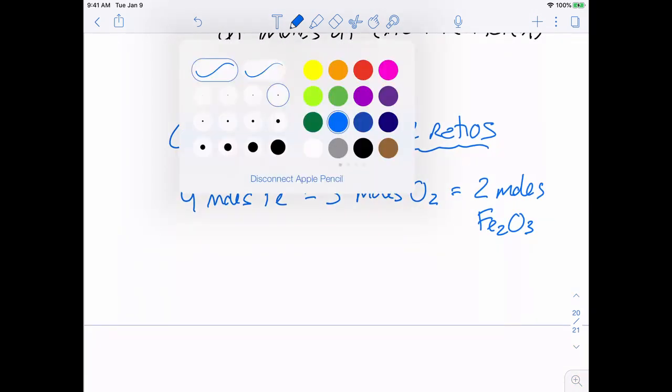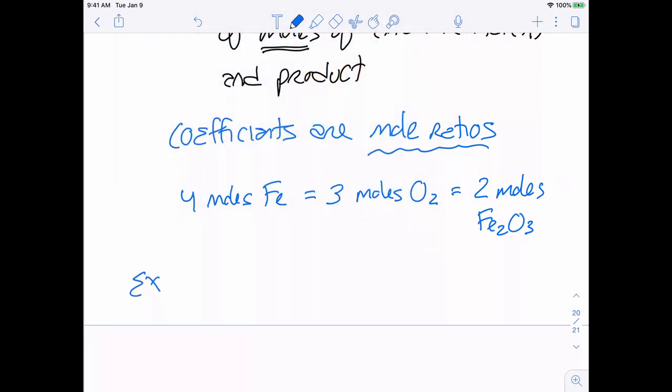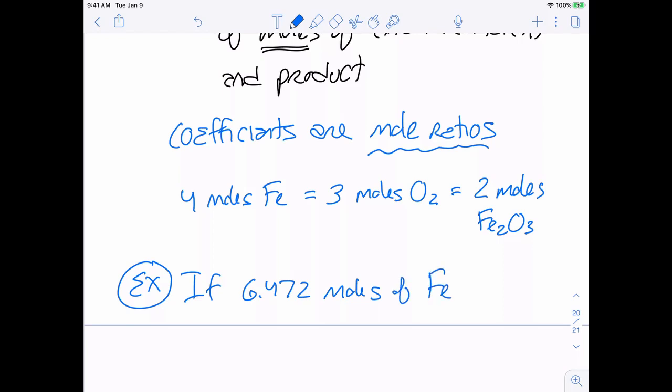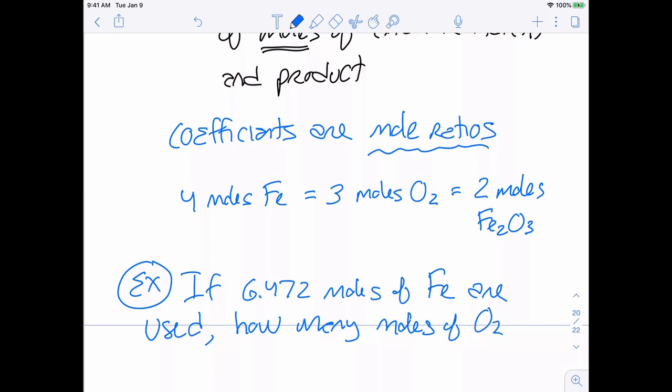So an example for us. If 6.472 moles of iron are used, how many moles of oxygen are needed?